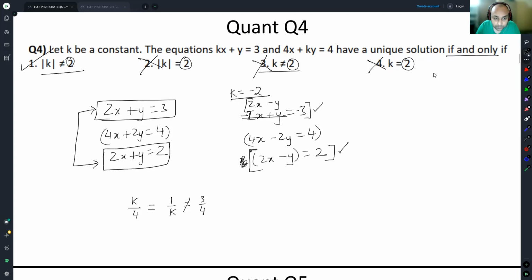You only get it when k by 4 is not equal, for a unique solution. Something along these lines, no? This is also not equal to, like this. There is some technical mumbo jumbo. If you know it, great. If you don't know it, I know this. I love this. I do this. Let's go. Or maybe move.